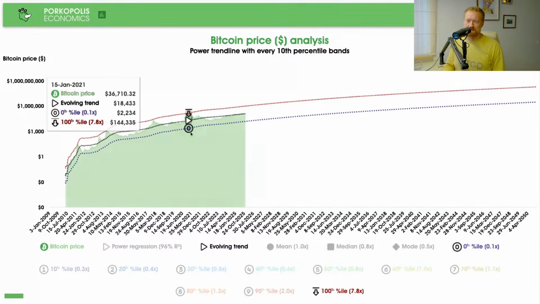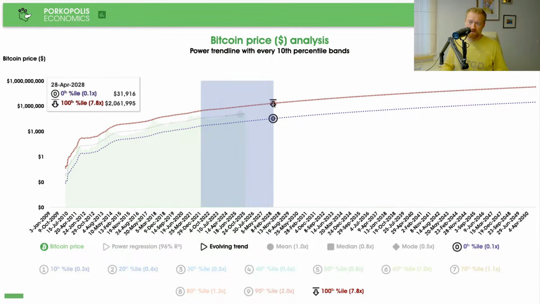But I like this a lot for simplicity, because now you know at any point in time where the price has ever been, above or under the power curve, the OLS. It's never in the history of Bitcoin been more than 7.8x the trend, and it's never been worse than 0.1x the trend. All right. And where are we right now?